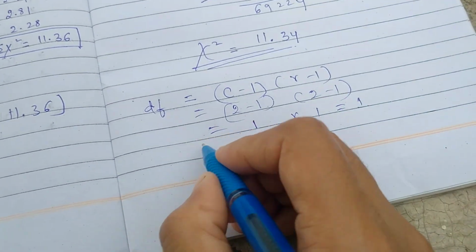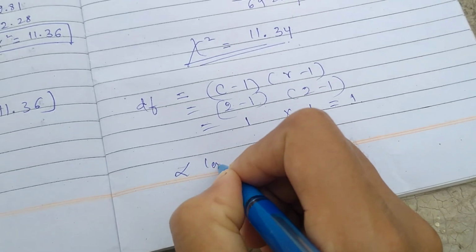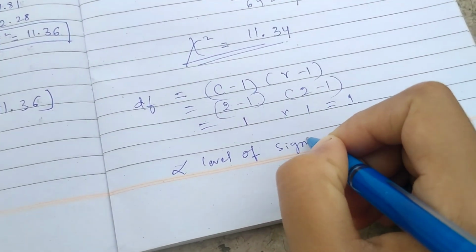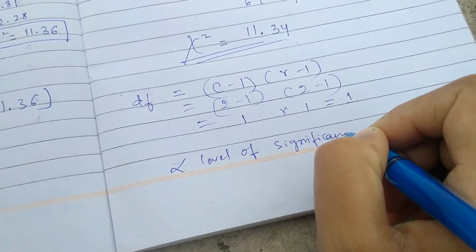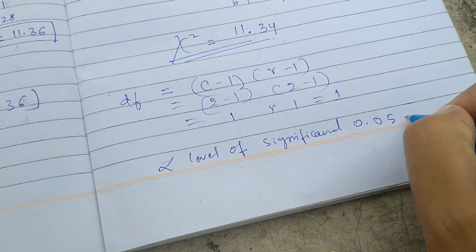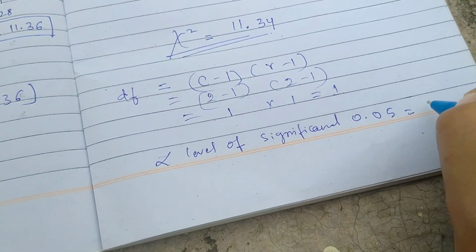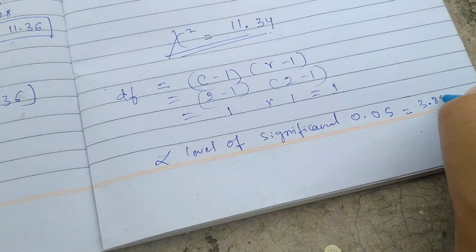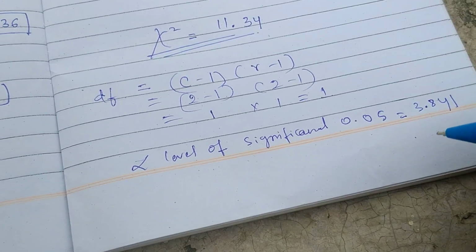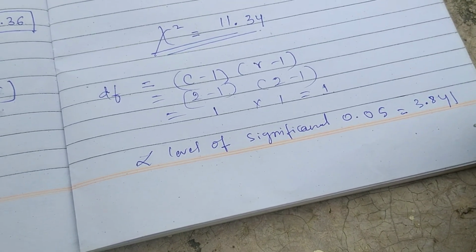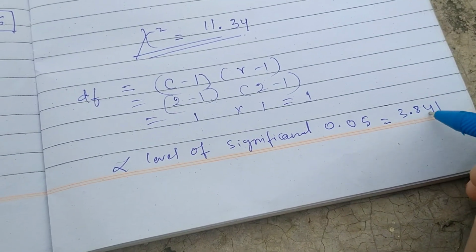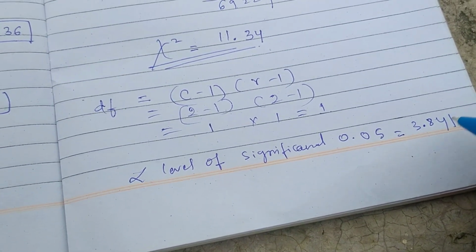So hence at the alpha level of significance 0.05 and degree of freedom 1, we get the table value of 3.841.